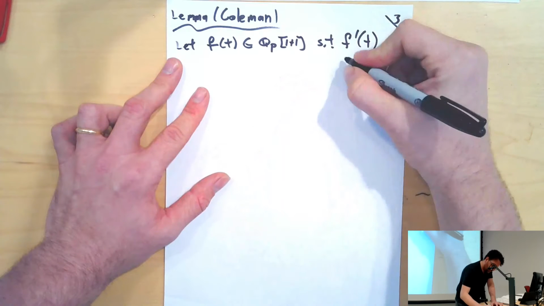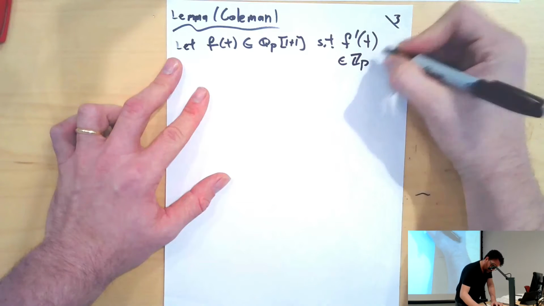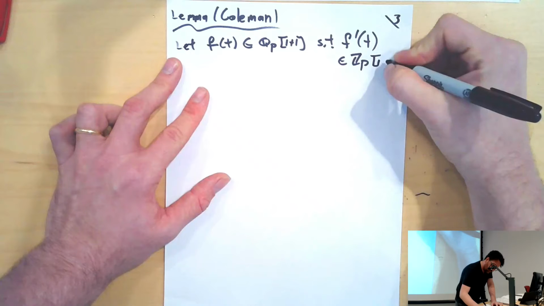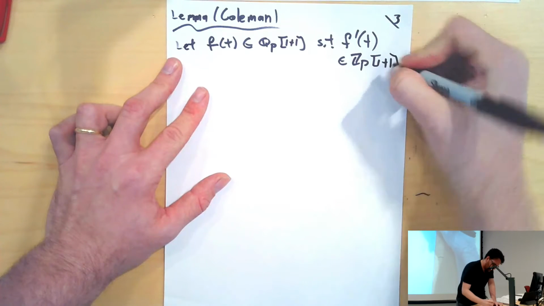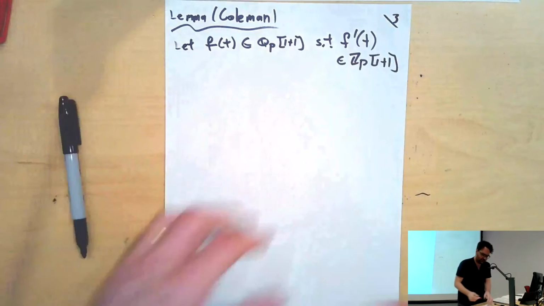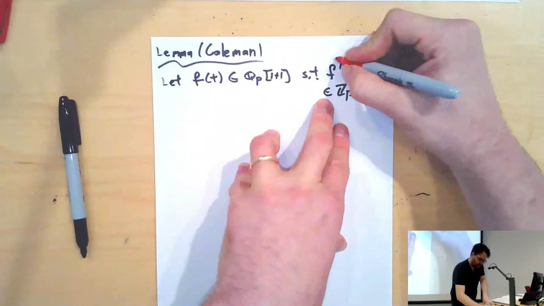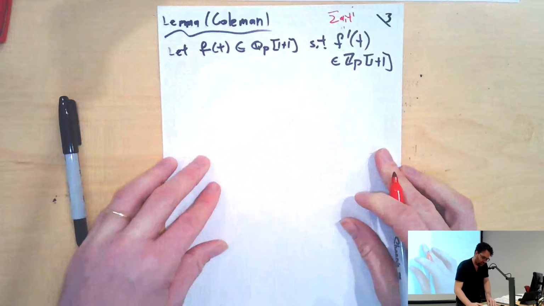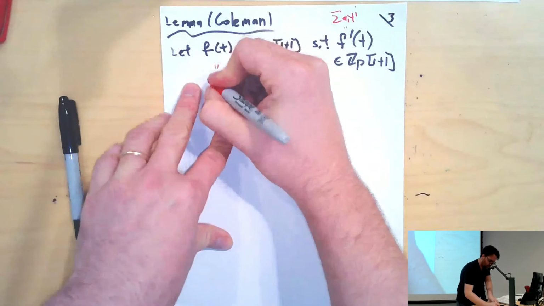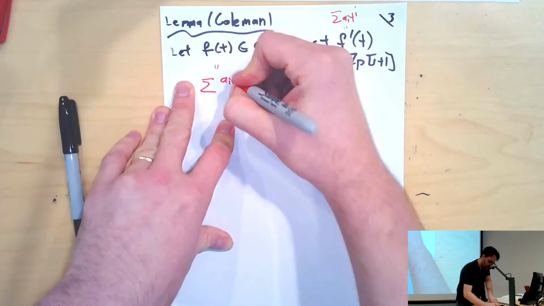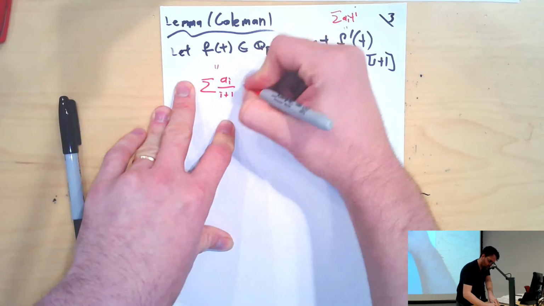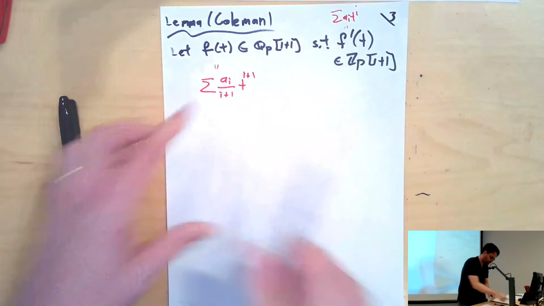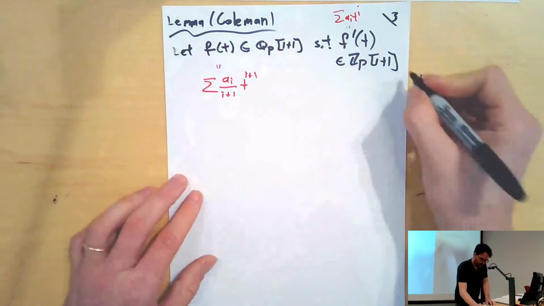Such that its derivative, this is fairly special, but it's the situation that we're in, is the sum of a_i t^i, and then f is the sum of a_i t^(i+1) over (i+1).